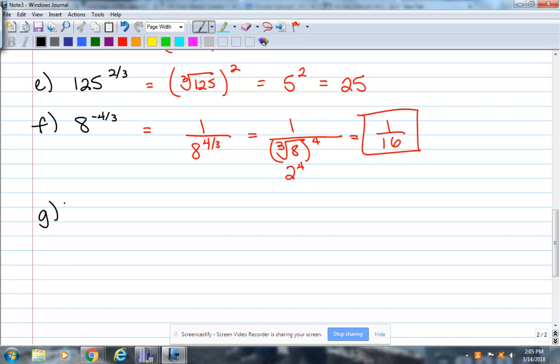Let's do another negative one. 32 raised to the negative 3/5. KD, eyes open, please. So what's the first thing we do with a negative exponent? Yep, so we move it to the denominator.